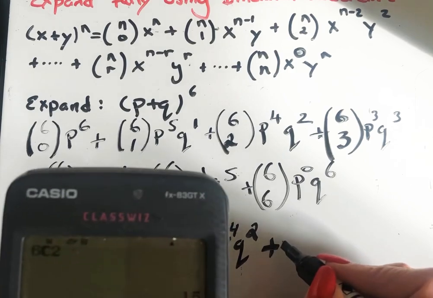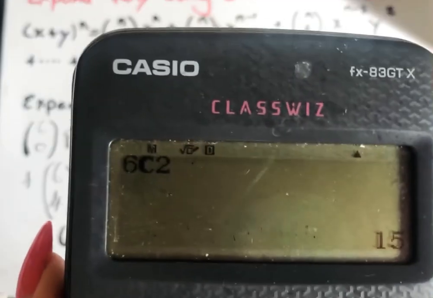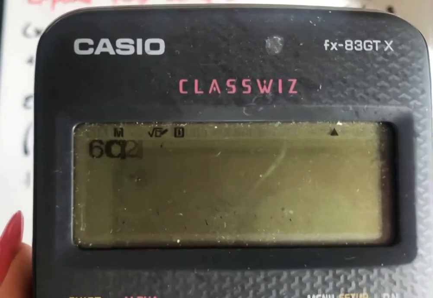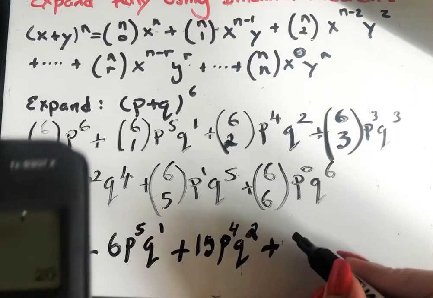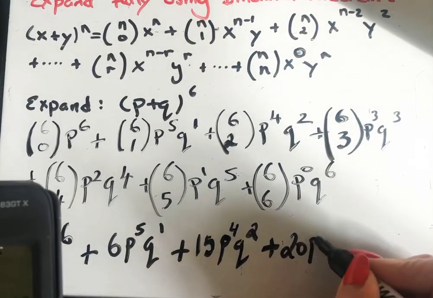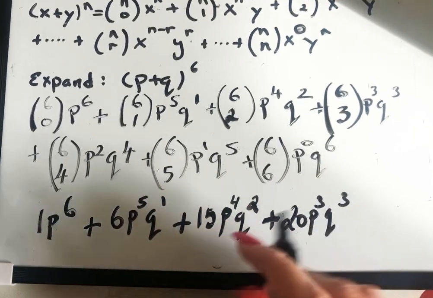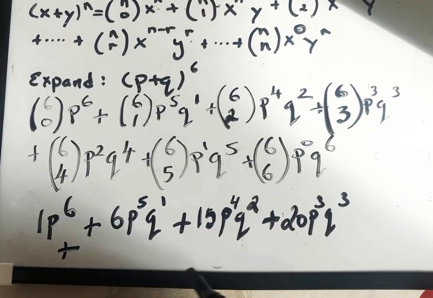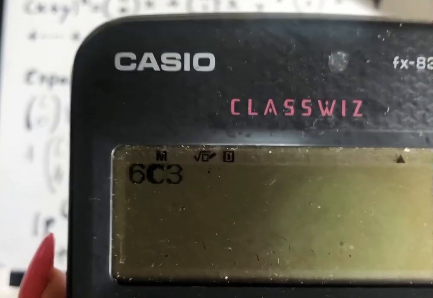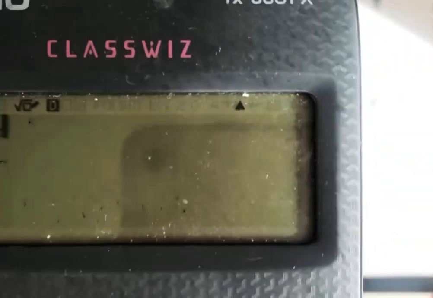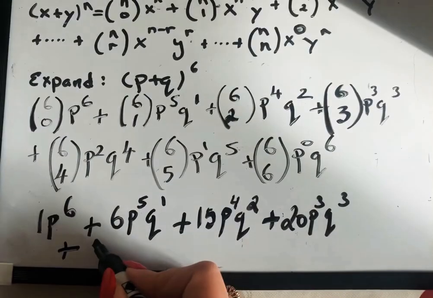We're on to our 6 choose 3. So again, we're going to delete the 2 and put in a 3. And we get out 20. And I think we'll continue down here. We're on to 6 choose 4. 15.